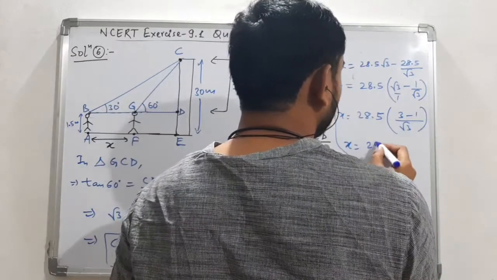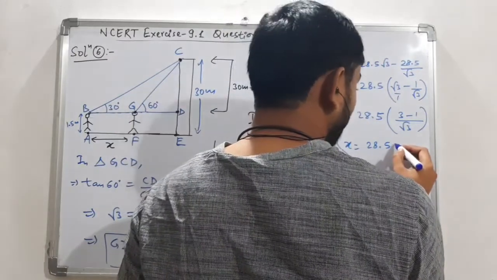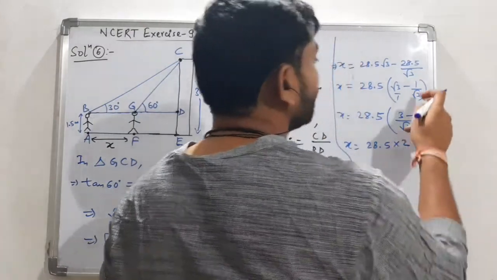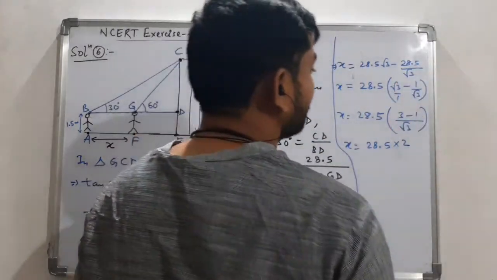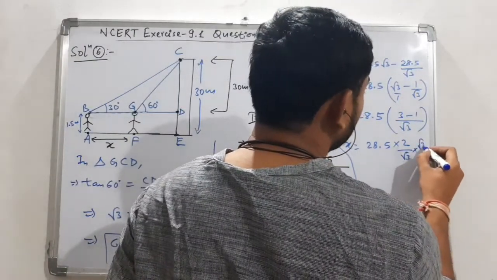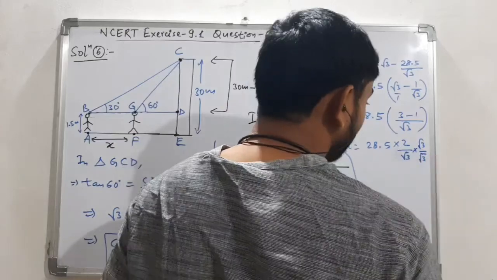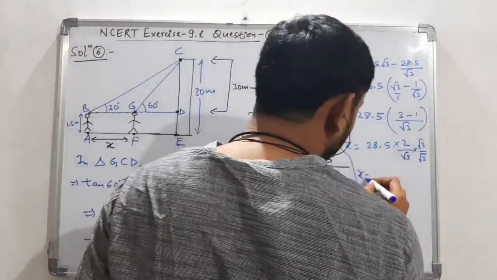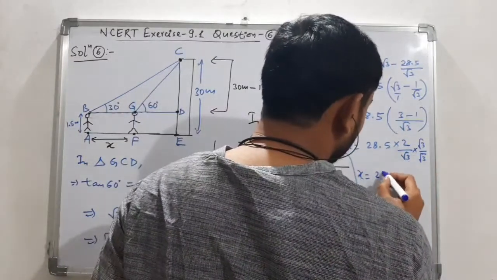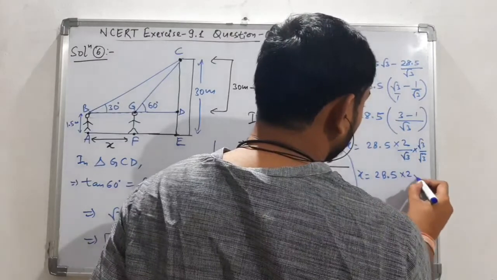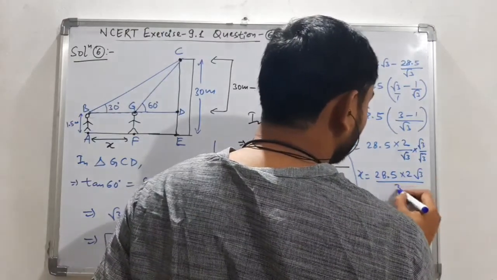So from here we are getting 28.5 into 2 upon root 3. Again we cannot keep root 3 in the denominator, so we have to rationalize it, multiply root 3 and root 3 in both numerator and denominator. So from here we are getting 28.5 into 2 root 3 upon 3.